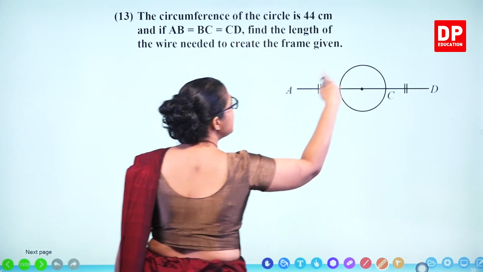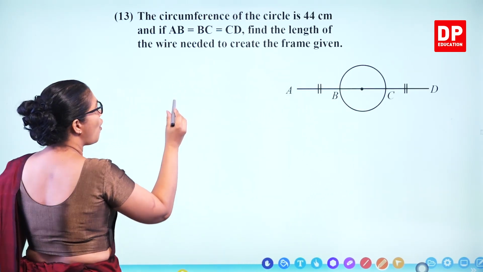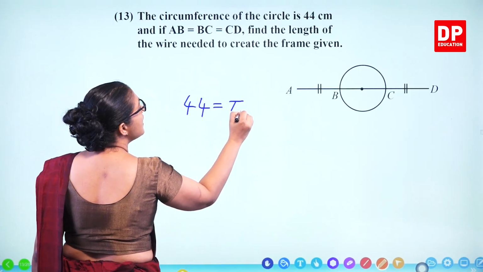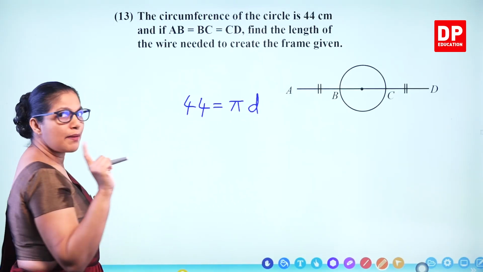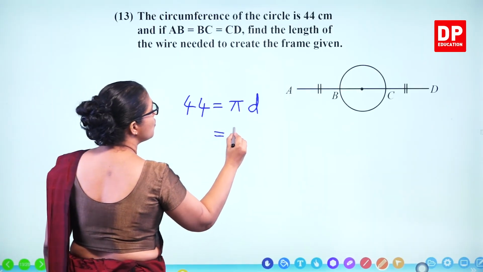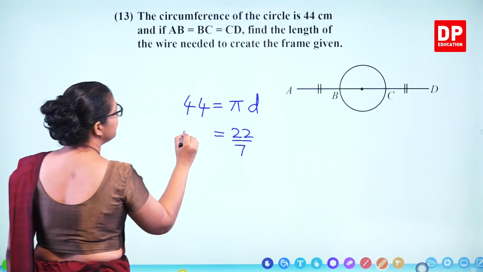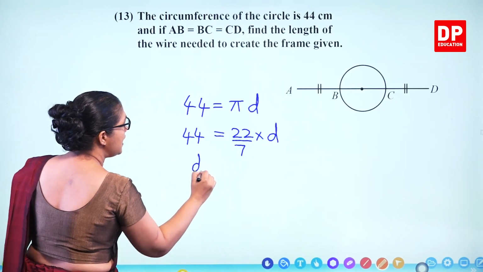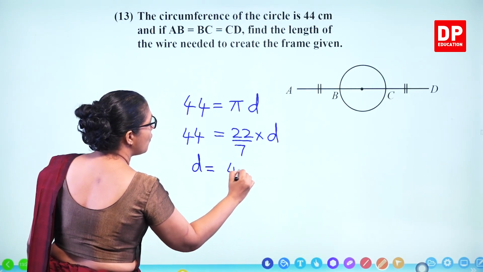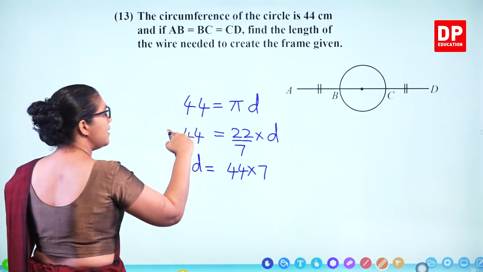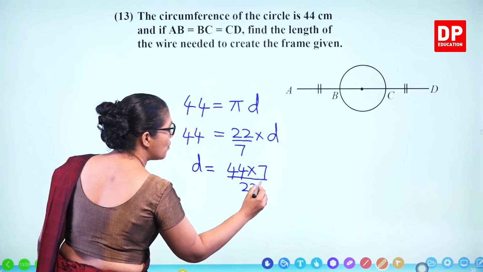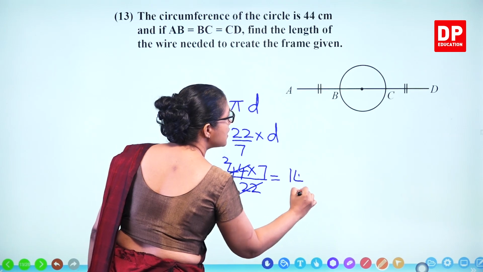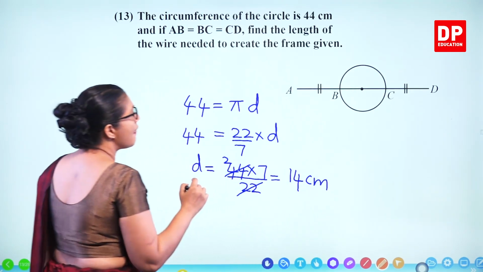We'll find the diameter, use the circumference formula. 44 equals pi d. Pi is 22 over 7. So what's the diameter? Diameter becomes 44 multiplied by 7 and divided by 22. 22 times 2, so that's 2 times 7, 14 centimeters.